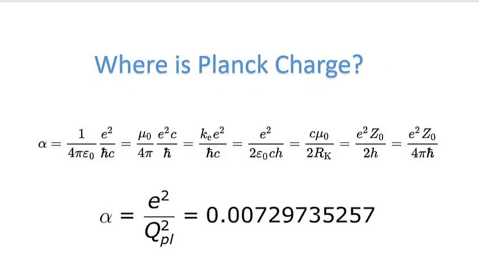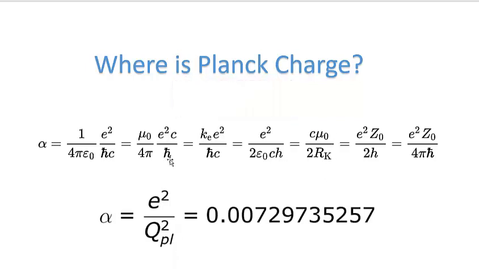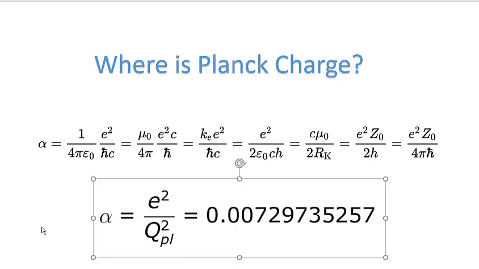Okay, so let's go back to this. Alpha is equal to elementary charge squared divided by Planck charge squared. And as I showed you earlier, elementary charge is in all of these terms, and it's hidden in this term as well. And so where is Planck's charge? Like, where's Waldo? Where is Planck's charge? Or more importantly, where is Planck's charge squared?